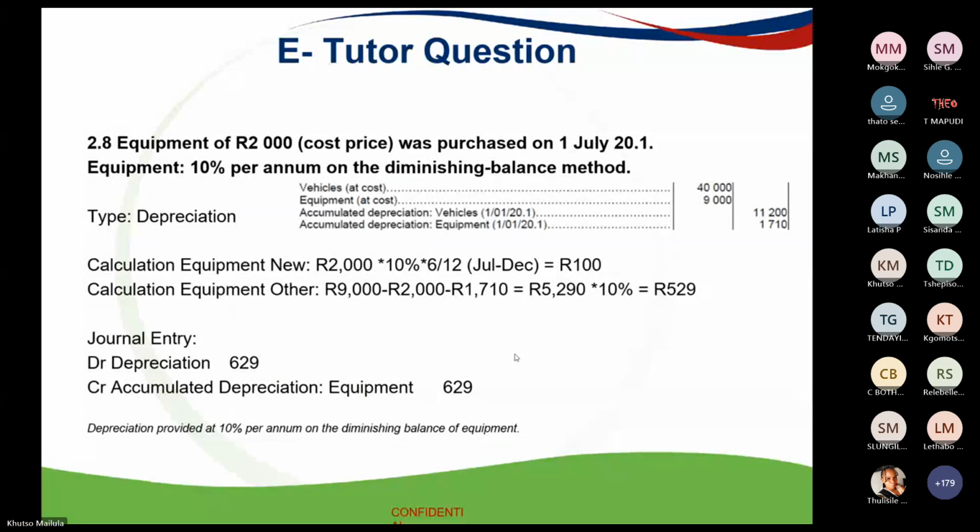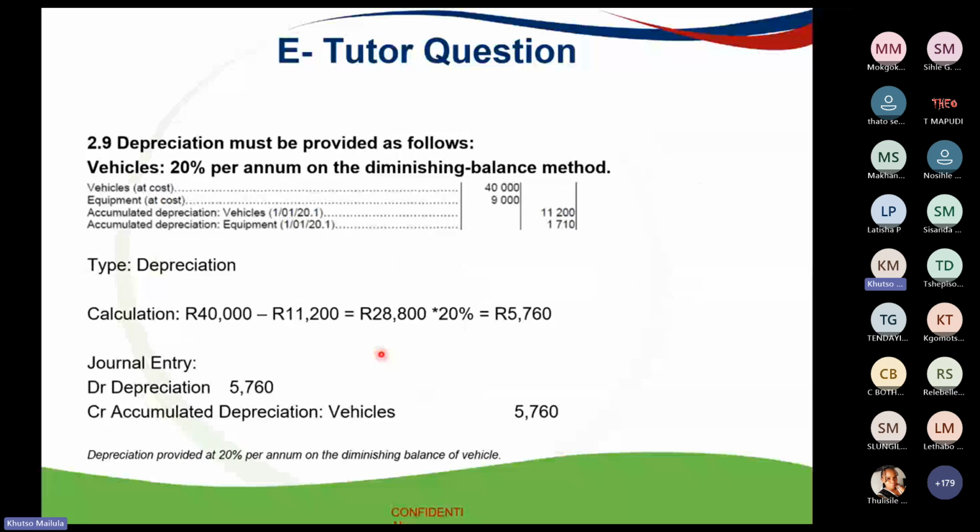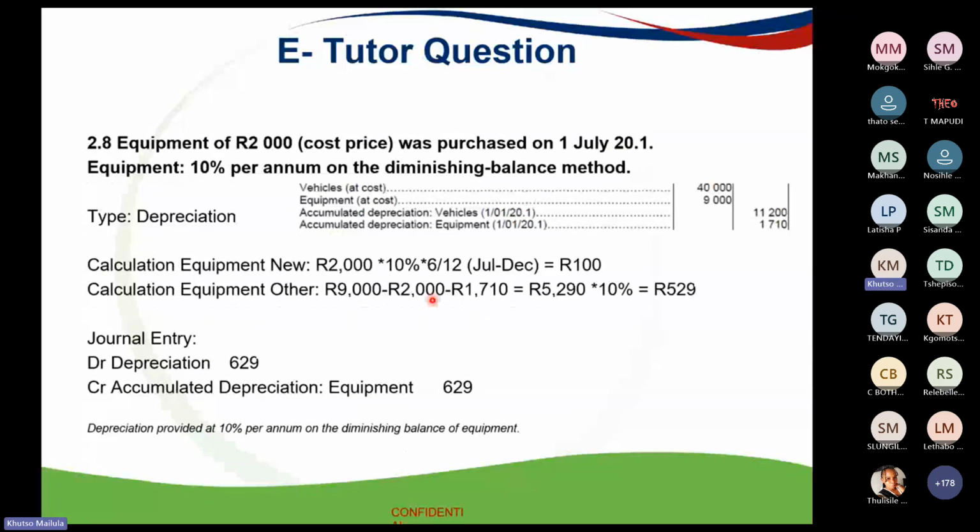So the initial question was about the equipment part. Equipment of 2,000 cost was purchased on 1 July 2001, and equipment is depreciated at 10% per annum on the diminishing balance method. So equipment at cost is 9,000, and the 9,000 includes the 2,000. That's how we're taking it out.